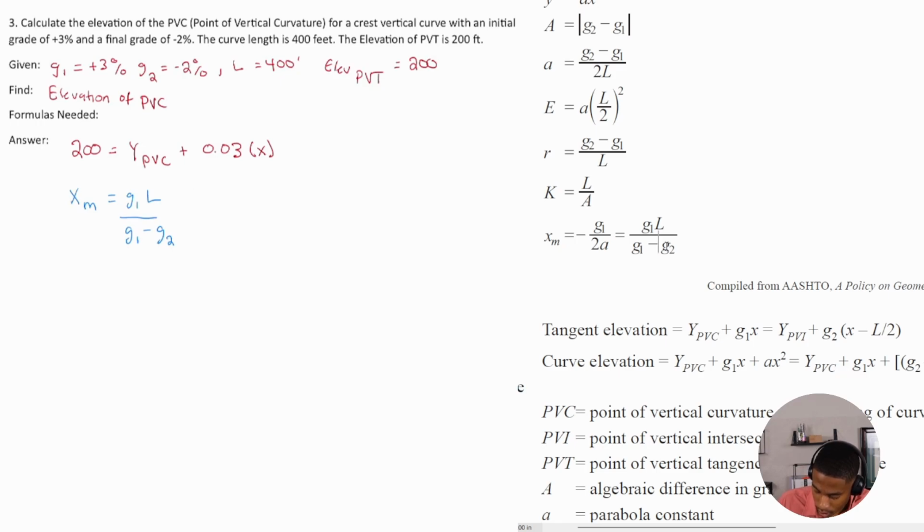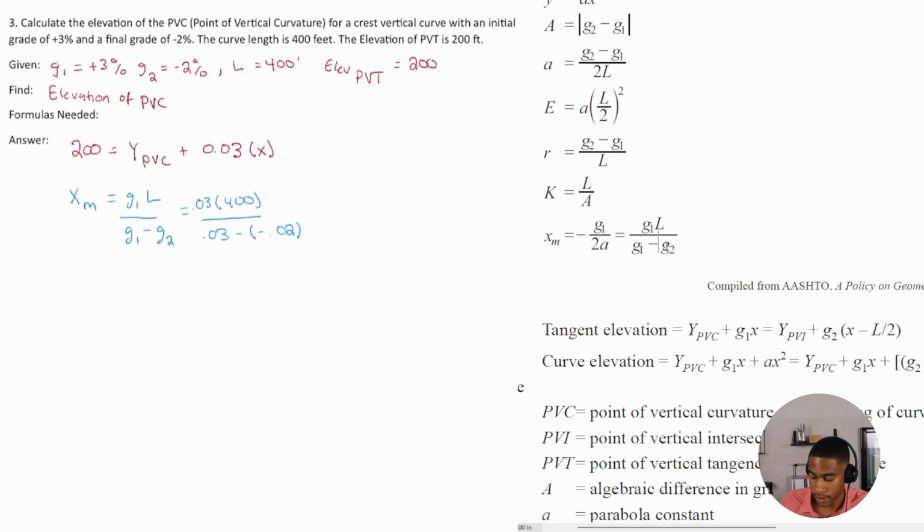All right. So that's equal to, G1 is 3%, so 0.03 times 400 divided by G1, which is 0.03, minus a negative 0.02.